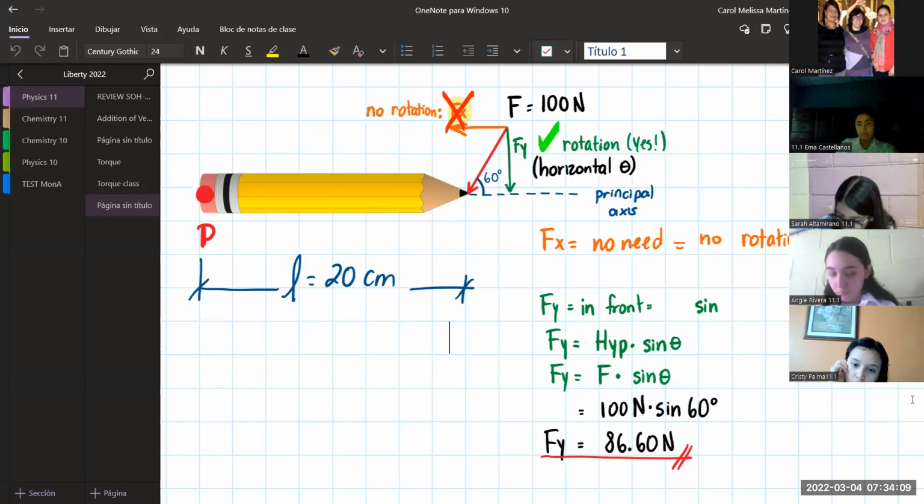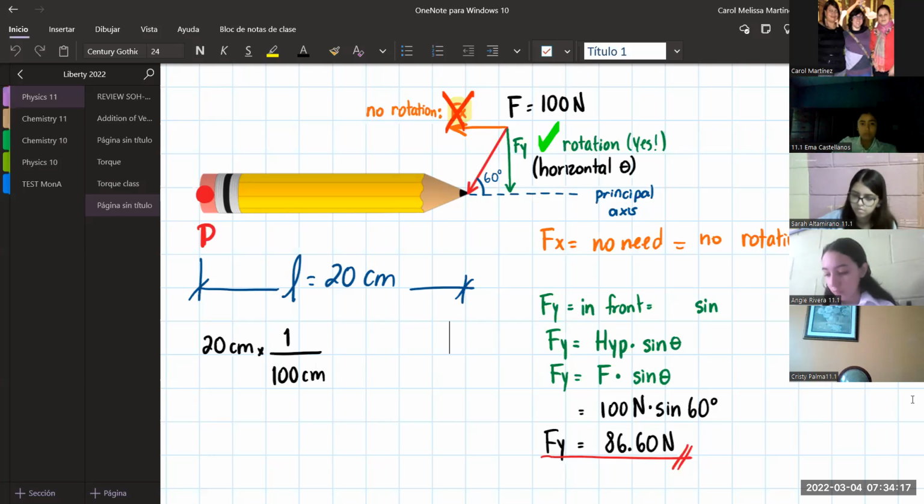There are 100 centimeters in 1 meter. So we get rid of centimeters with centimeters, and the lever arm is going to be 0.20 meters. Okay, so now we do the free body diagram.